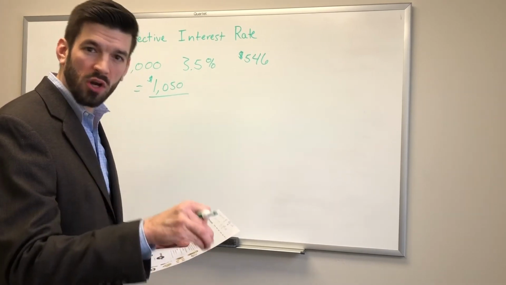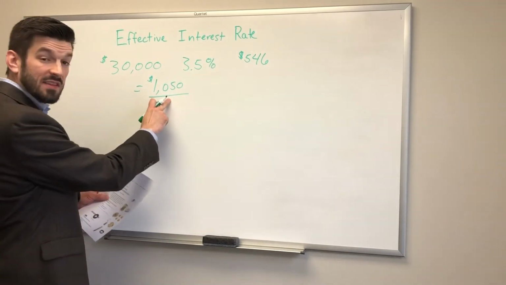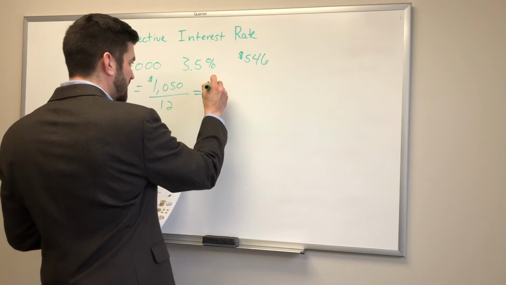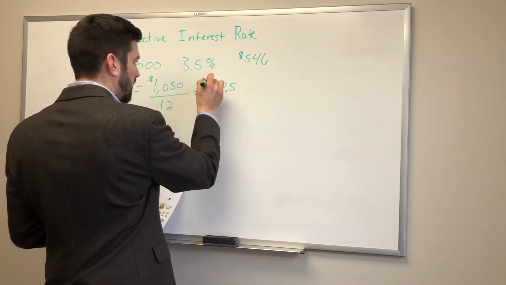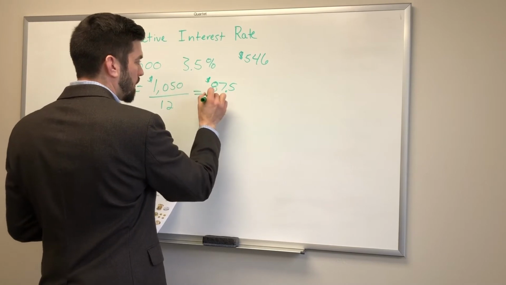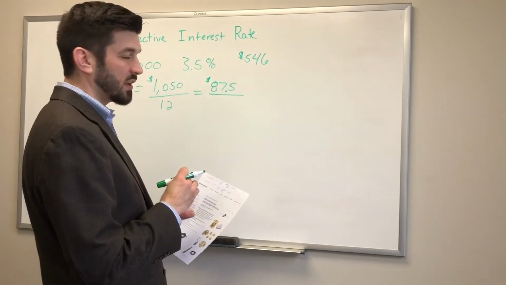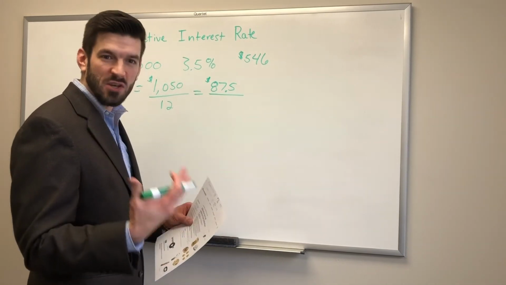What is the current effective interest rate right now? And so we're going to take this annual rate and we're going to divide it by 12. And that is going to give us $87.50.